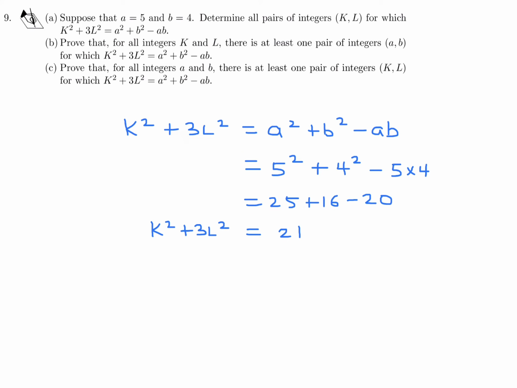Okay, let's see what we get. K and L. When k is 1, I don't think we'll get anything because that'll be 20, and 20 is not divisible by 3. When k is 2, same problem. But when k is 3, we get 18. And 18 is divisible by 3.